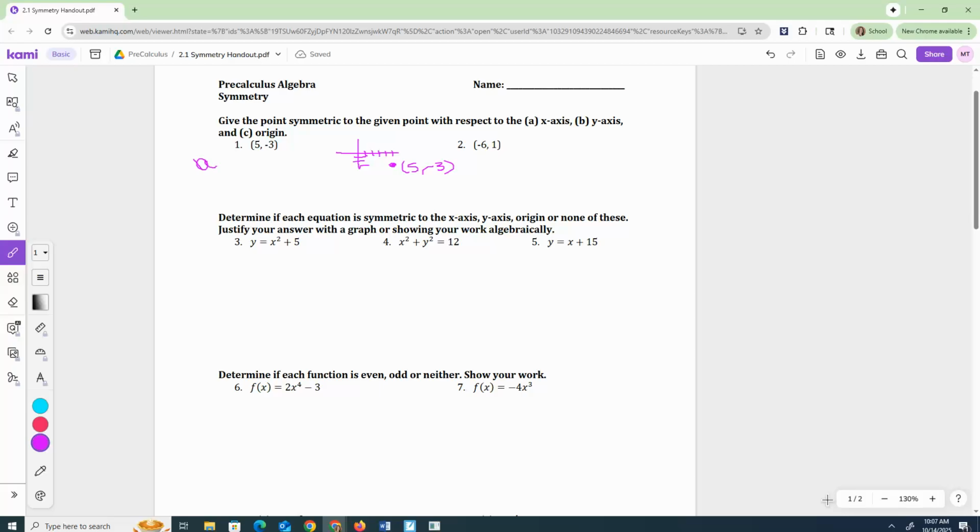So part A, the point when you flip it over the x-axis changes the y value. So 5, 3. If I said I wanted to flip this thing over the y-axis, where would it go? -5, -3. C, if I flip it over the origin, that's over the y and over the x.